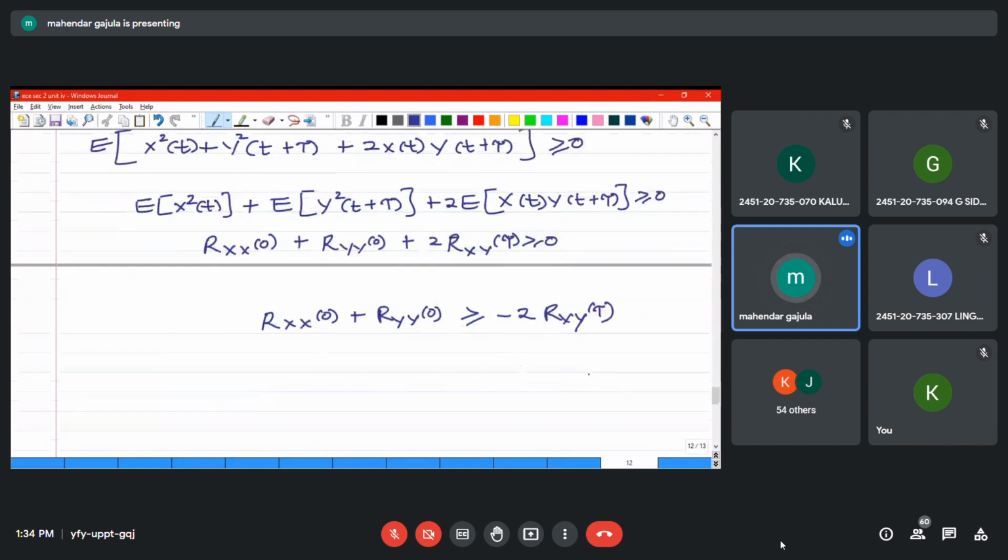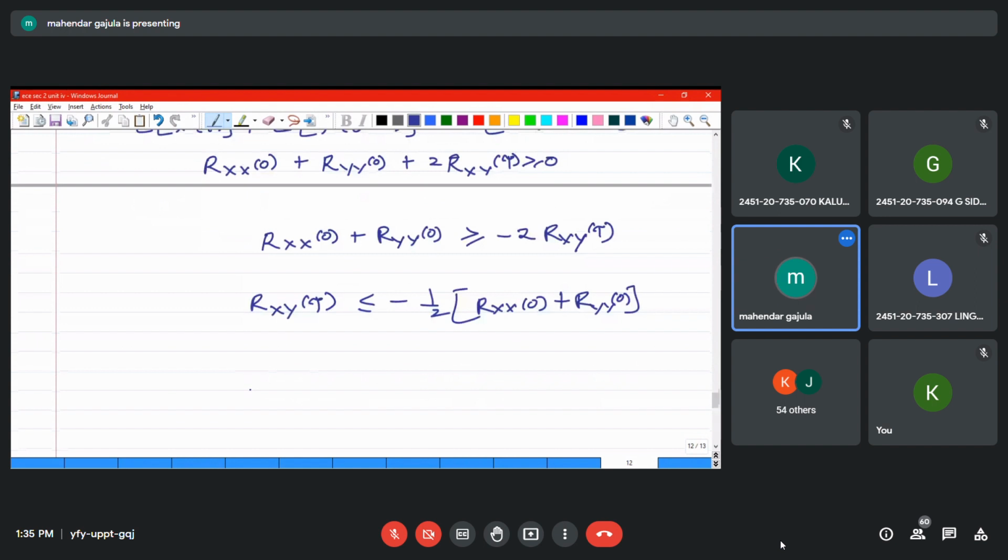Otherwise we can write it as r_xy(tau) less than or equal to minus half of r_xx(0) plus r_yy(0). Applying mod on both sides, the magnitude of r_xy(tau) is less than or equal to half of r_xx(0) plus r_yy(0).